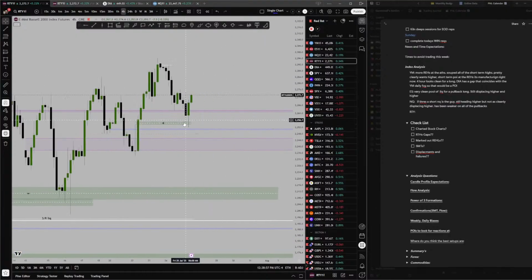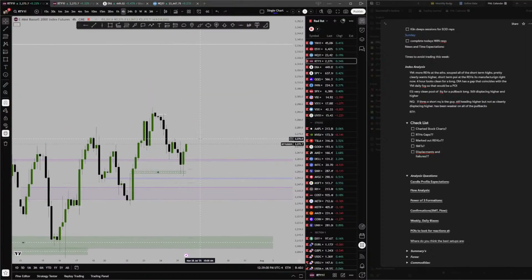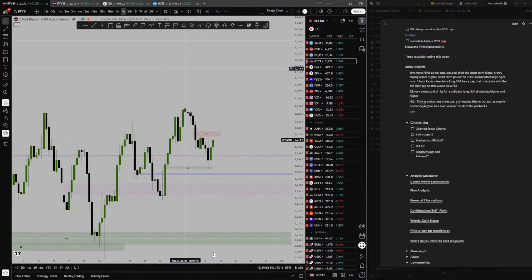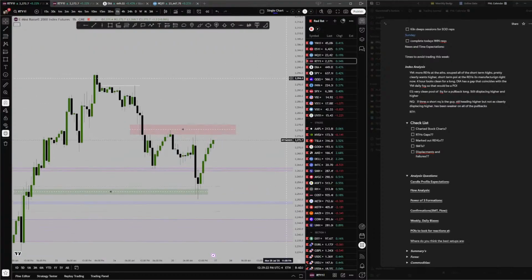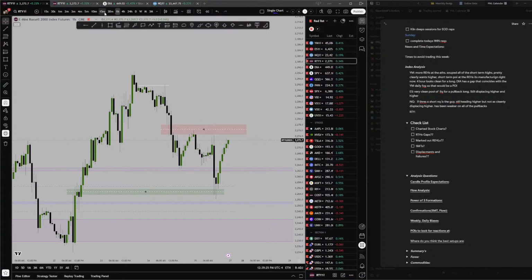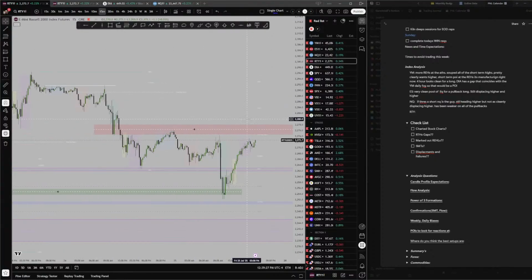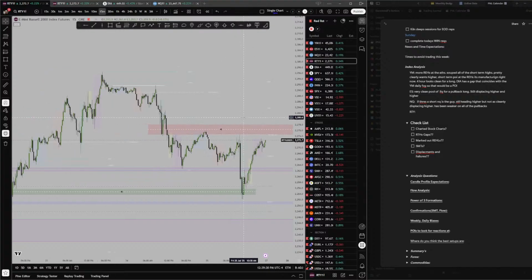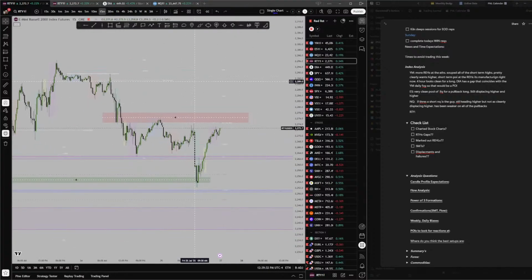All right, as for the 4-hour, we've come down here and have a fair value gap that was traded into. We'll see if we respect that. Nothing there on the small time frame. Cool. And then we've just got the session levels.